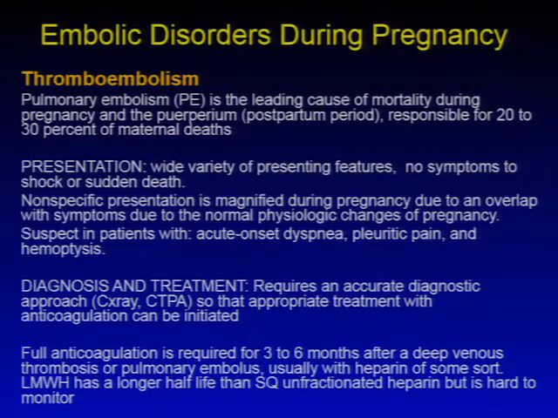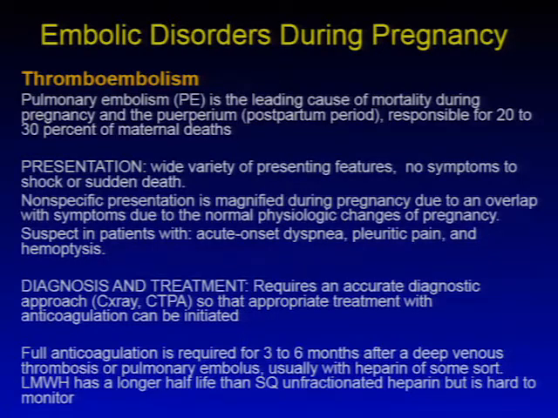It presents with a wide variety of features, from no symptoms to shock or sudden death. Non-specific presentation is magnified during pregnancy due to an overlap of the symptoms with normal physiological changes of pregnancy, but it should be suspected in pregnant women with acute onset of dyspnea, pleuritic chest pain, and hemoptysis.